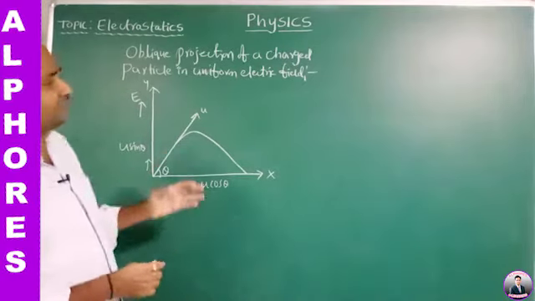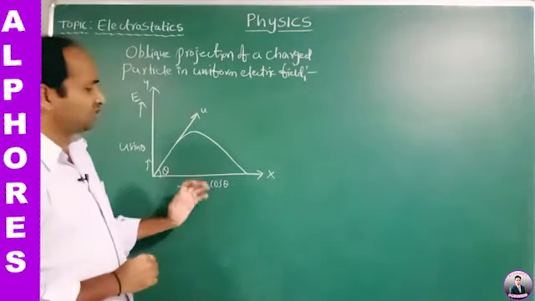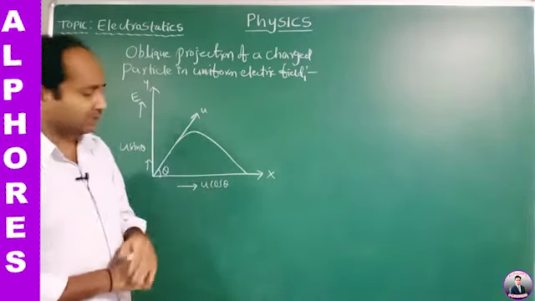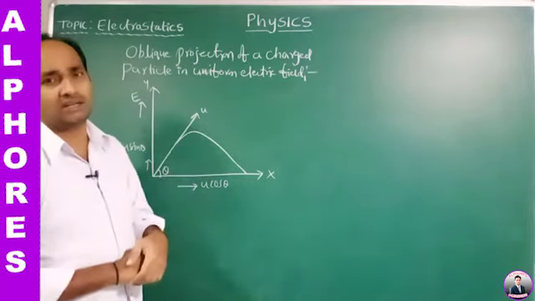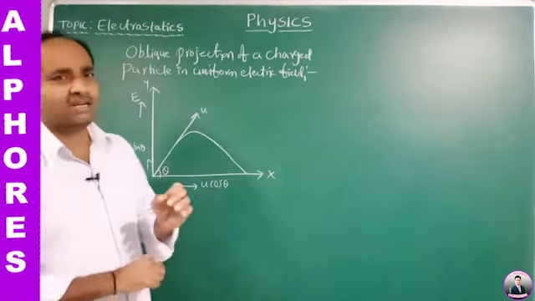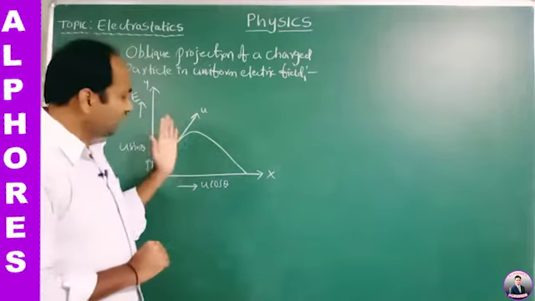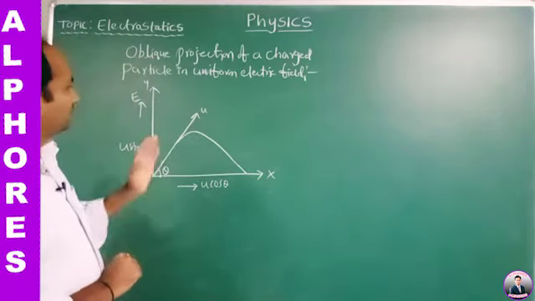But what is the difference between the previous one and this topic? Here, gravitational force is also acting. In the previous case there is a gravity-free space, but here gravitational force is also acting.